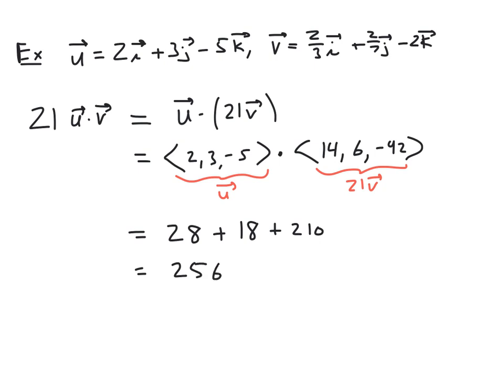So this dot product is 256. Of course, if you did the dot product of u and v as originally written, you would end up with a fraction that you would then multiply by 21 to get 256, and that's okay. But this way, we can do a little bit of rearranging at the beginning using the properties of the dot product, and then have a much easier computational part of this particular example.